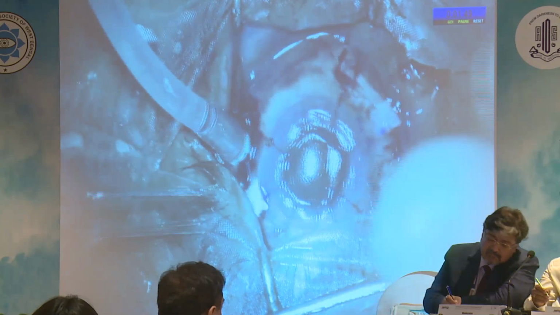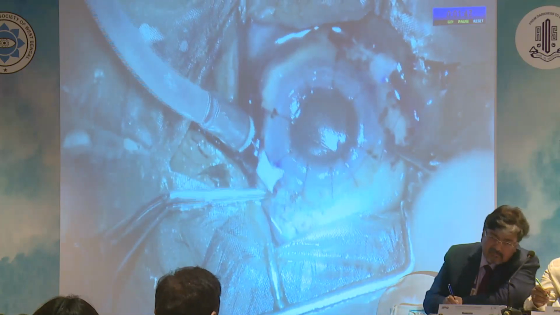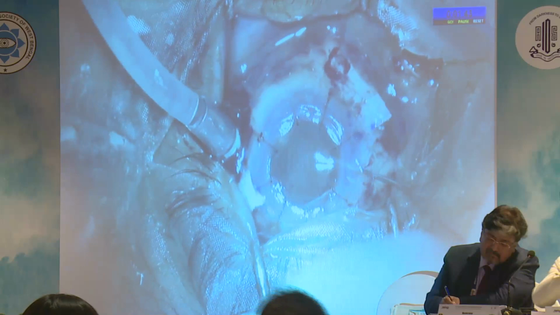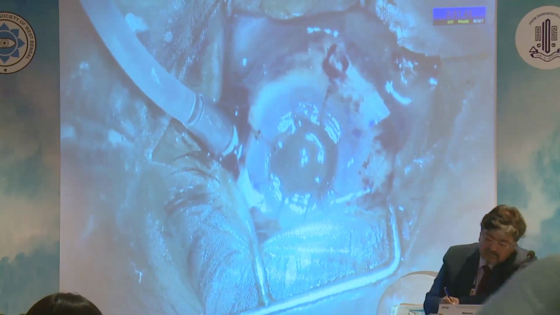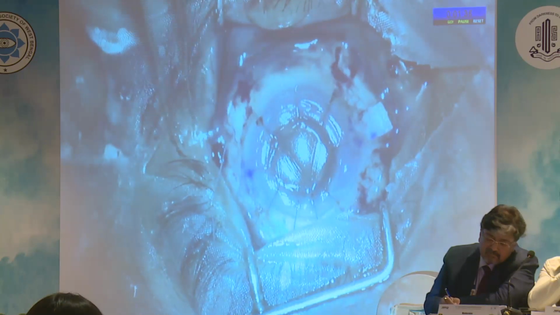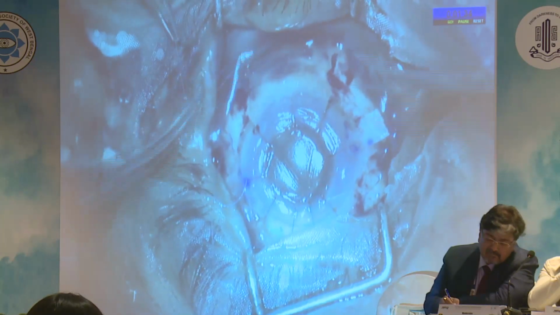Once it is being tucked in, we are removing the infusion port. After 8 sutures, I am removing the infusion port and the wound is sutured with 7/0 Vicryl.